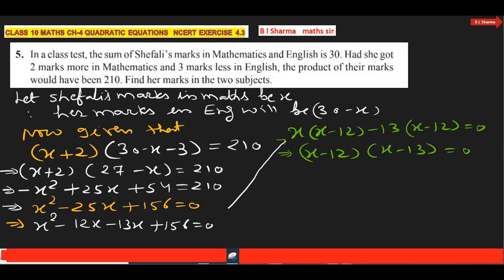So, putting both factors equal to 0, therefore x minus 12 is equal to 0 or x minus 13 is equal to 0. Therefore, x can be 12 or x can be 13.